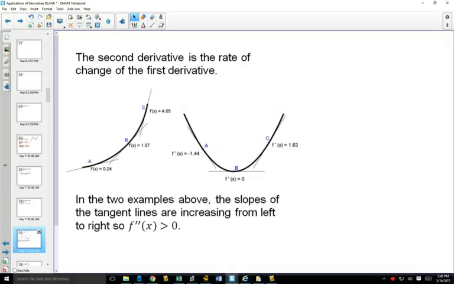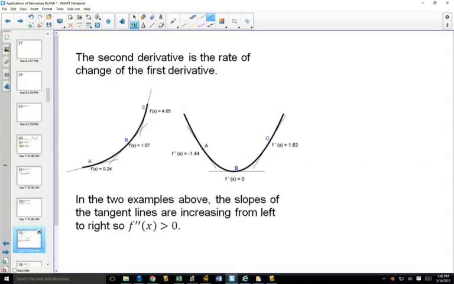And here I have a negative 1.4, and then a 0, and then a 1.63. If my slopes are increasing, that will mean my second derivative is going to be positive. Because if my first derivative is increasing, right?